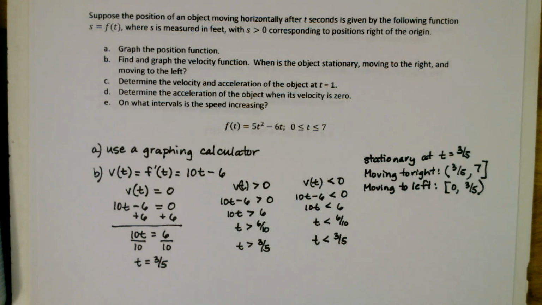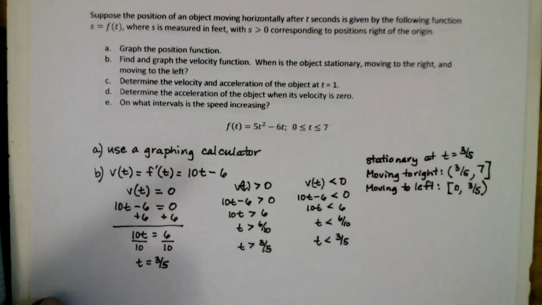The object is moving to the right from 3/5 up to positive 7 and moving to the left from 0 to 3/5, because we're only restricted on this interval from 0 to 7. Okay, so that is part B: finding out when the object is stationary, when it's moving to the right, and moving to the left.